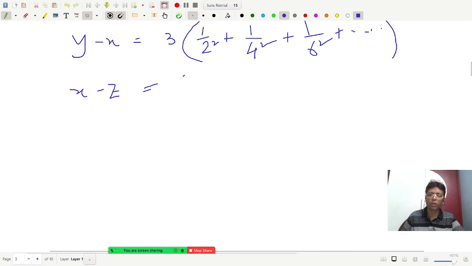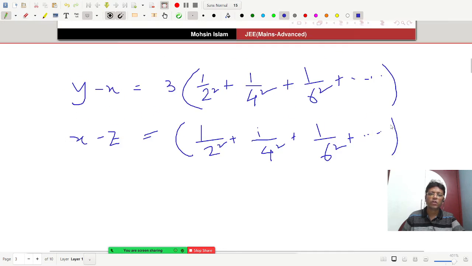So it's going to be 1 by 2 square plus 1 by 4 square plus 1 by 6 square plus, etc. So this is the same as the right side of y minus x, only thing is the factor 3.